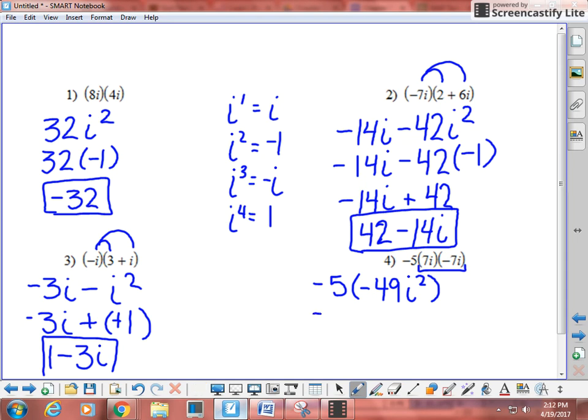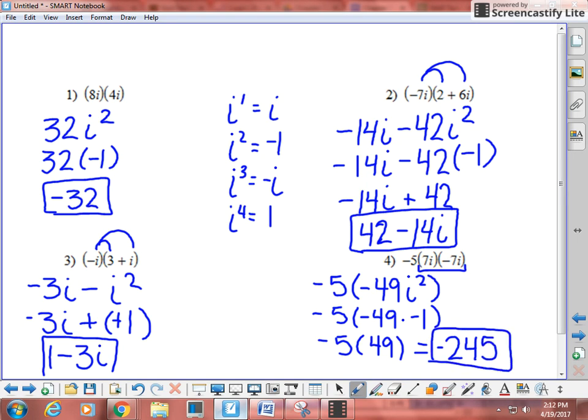I know that i squared is really negative 1, so it's negative 49 times negative 1, so it's negative 5 times a positive 49. Then all I have to do is multiply negative 5 and 49, which gives me negative 245. So there's no imaginaries left in this. This is my final answer, just like that.